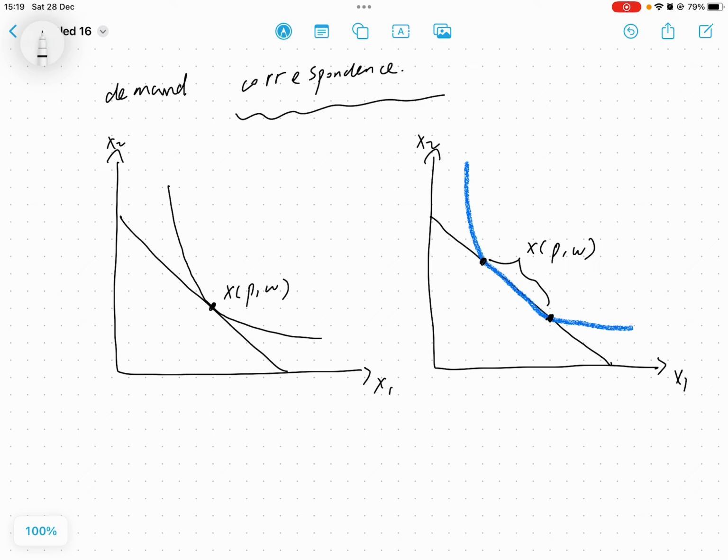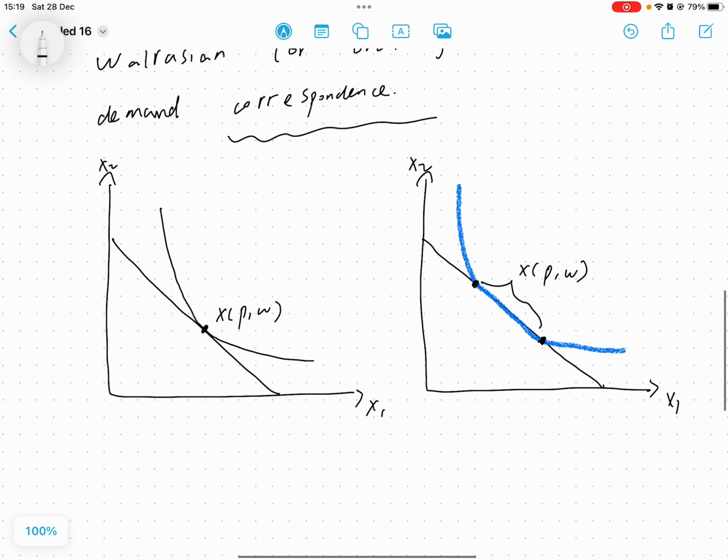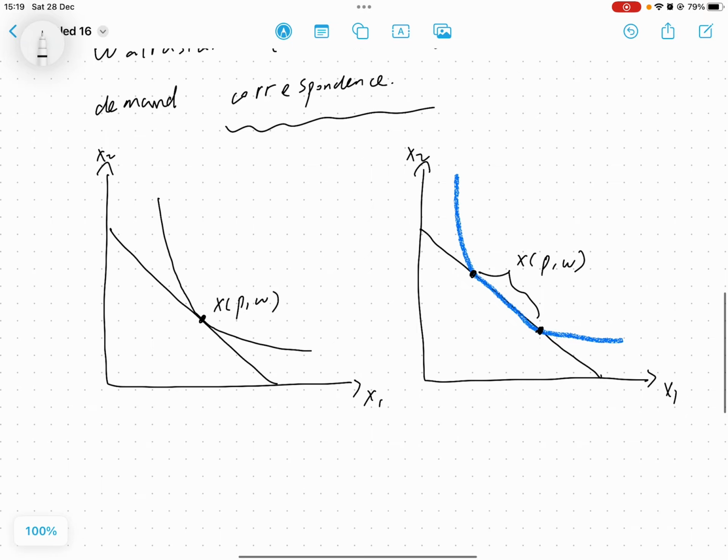You might recall this concept from the existence of Nash equilibrium in the game theory series. If we squeeze this to one single point that is tangent to the budget, then we only have one point as a solution, and we can call this a function. But in general, this would be a correspondence. Good. So let it be this Walrasian demand correspondence or function.